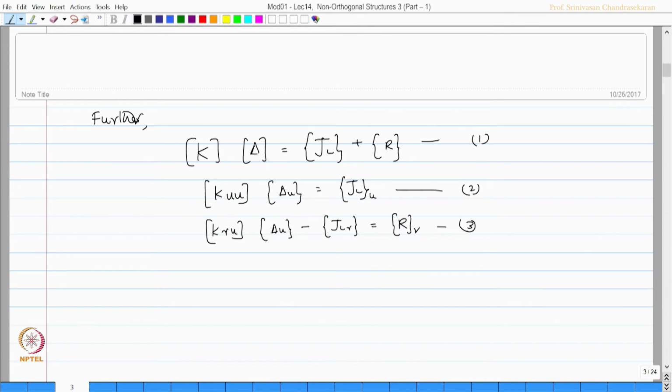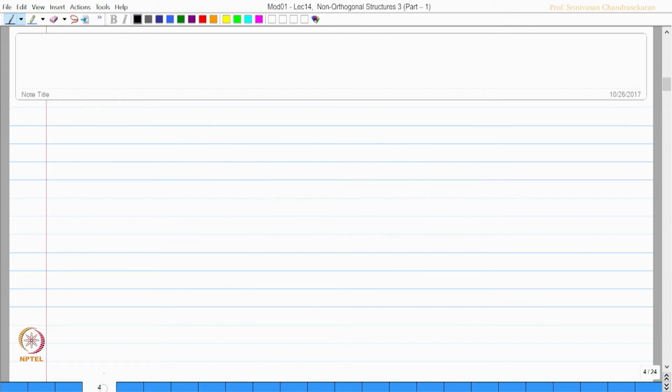Let us now find out what are those important steps which make the analysis of non-orthogonal structures special.